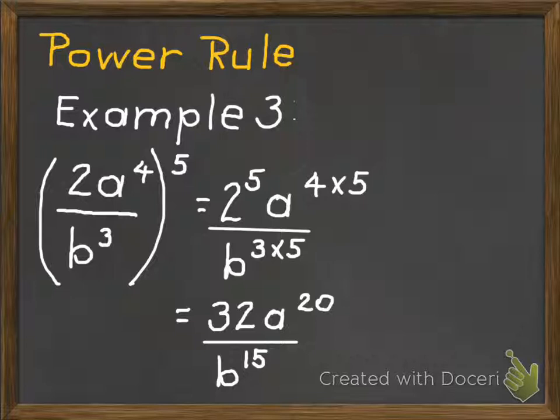So we multiply that 5 outside parentheses by each of the powers on all of the factors you see here. And remember, if you don't see a power on a number, assume that power is 1. So we get 2 to the power of 5, a to the power of 4 times 5, b to the power of 3 times 5, and 2 to the 5th is 32, a to the 20th, b to the 15th. And that's our simplified answer.